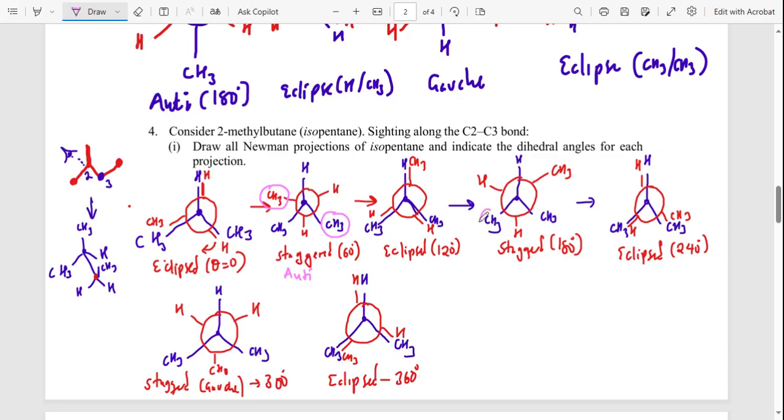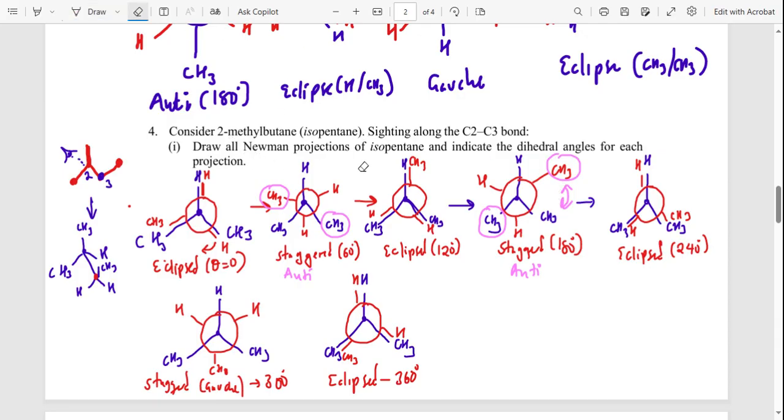And that's the same one with this one. Okay. The anti configurations are actually the most stable structures because the bulky groups are on opposite sides. But it's tricky for this kind of structure because even if it is anti, you still have gauche here. So that will still make the molecule unstable.